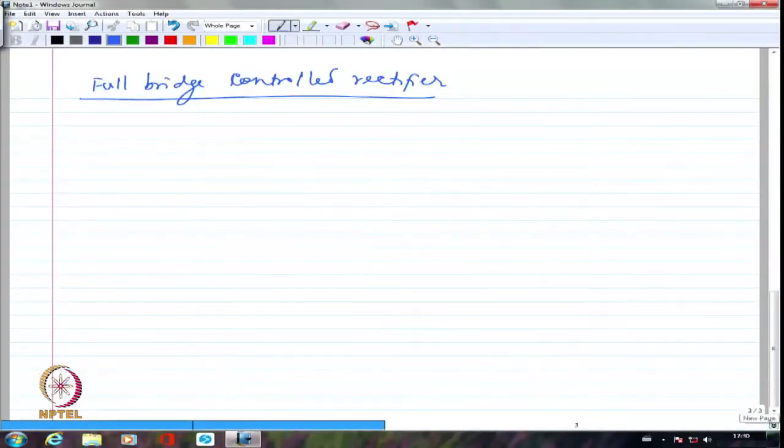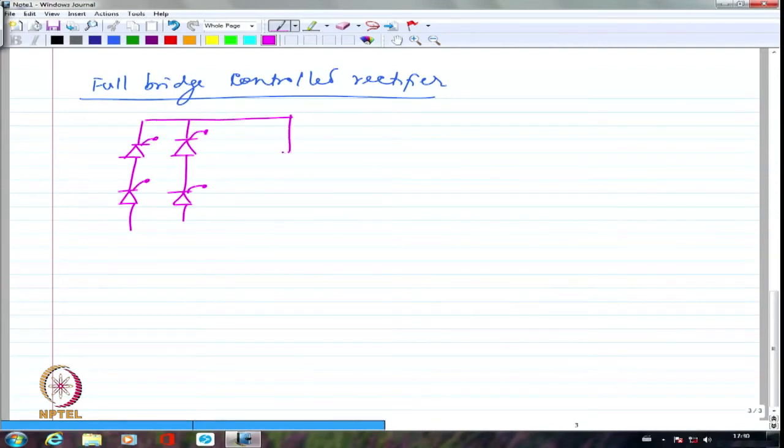So let us take a look at the fully controlled bridge rectifier. I am going to have again 4 devices, but all of them are going to be thyristors. This is going to be connected to a load, and I am going to have the AC supply connected here.